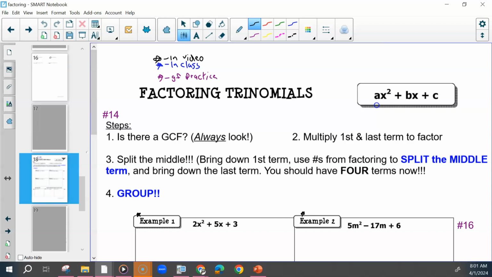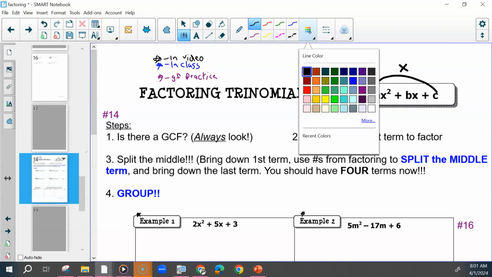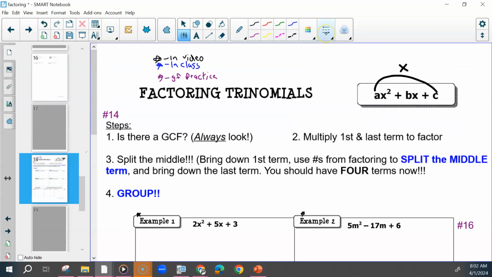After that, we're going to multiply A and C. Multiply those 2 numbers together, so not the x's, but just the coefficients and the constant. Figure out what that number is. Whatever that number is, we're going to look for factors of said number. And then figure out which of those factors would add or subtract.